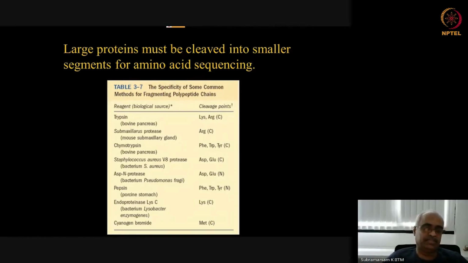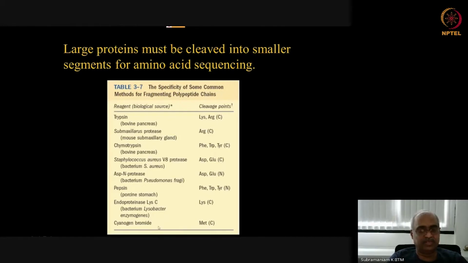To address this, what is normally done is that the polypeptide chain is cleaved or broken into smaller oligopeptides. And that is usually done using proteases. A few examples are listed here. And this one is not a protease, this is cyanogen bromide.